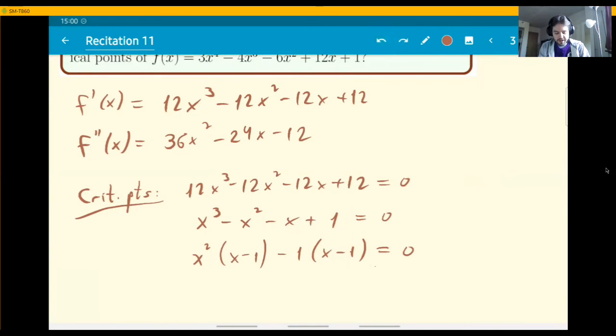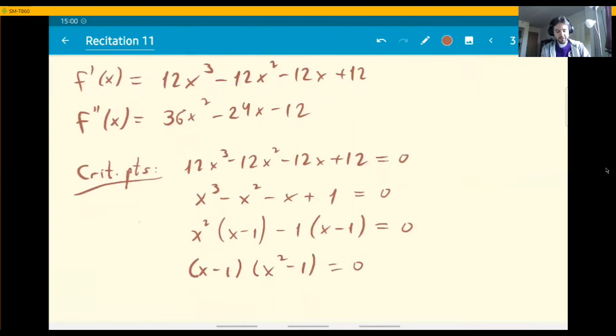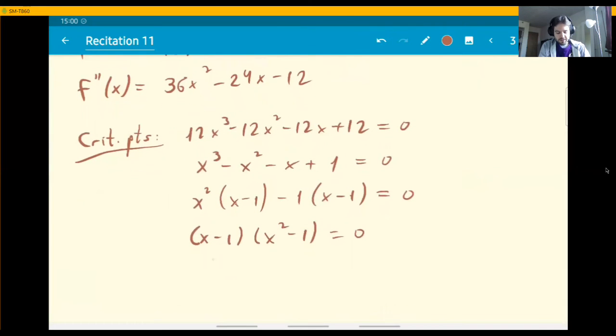You see that you have this x minus 1 in both terms now, which can be factored. And this is the complete factorization of this polynomial. So things like this involving very easy coefficients, usually they can be factored. You should try. I mean, we have to because we need to find the roots of this polynomial, the zeros. And we can see from here, x equals 1 because of the first factor is a possibility.